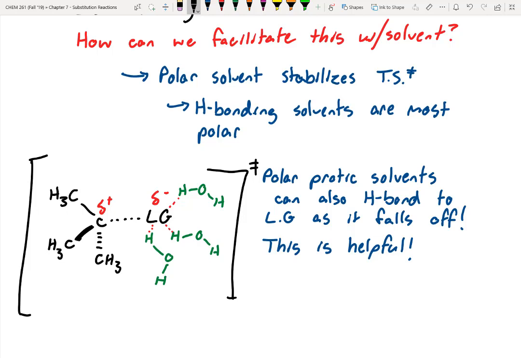Yep. Would the oxygen on the water start to bond a little bit with the positive charge in the carbon? That's a good question. So the question was, does the oxygen on the water start to associate with the carbocation? Kind of. It depends on a couple of things. One is whether or not the carbon's super crowded, meaning can very many water molecules get in there? That's one thing. However, the other thing is actually getting into my next point.